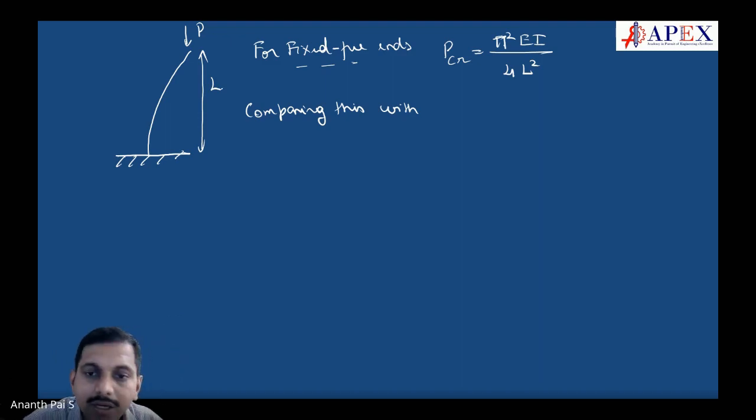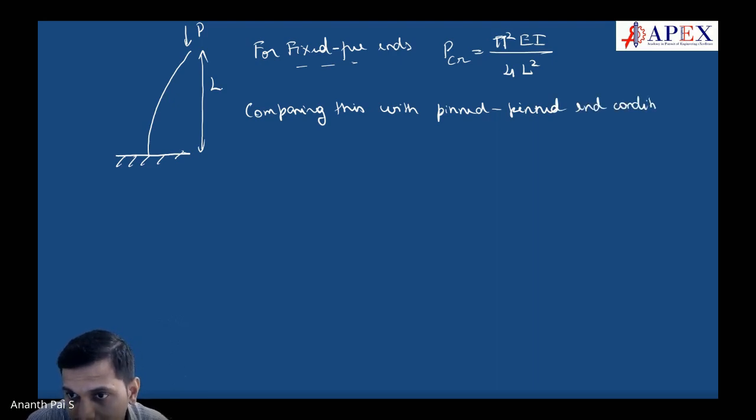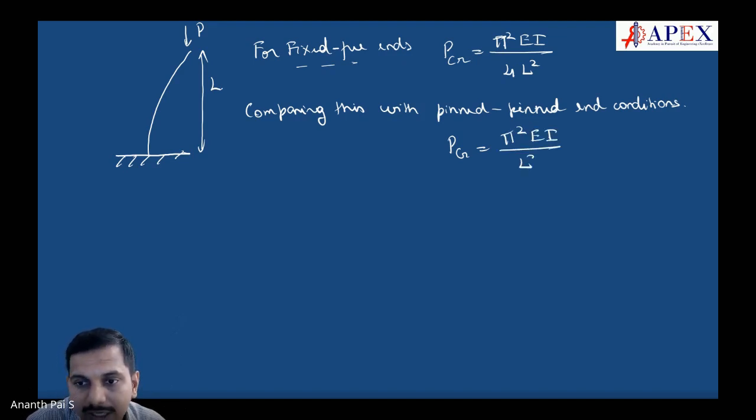And comparing this with pinned end conditions, P critical was found to be pi square EI by L square.